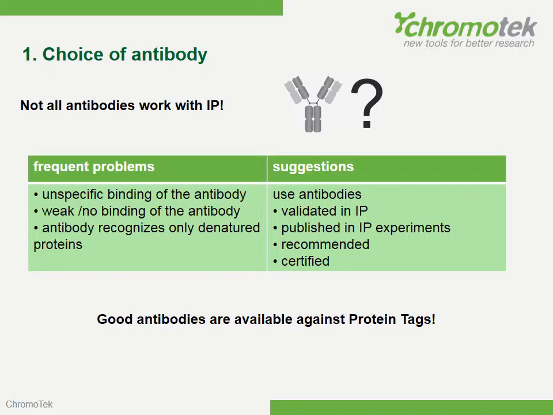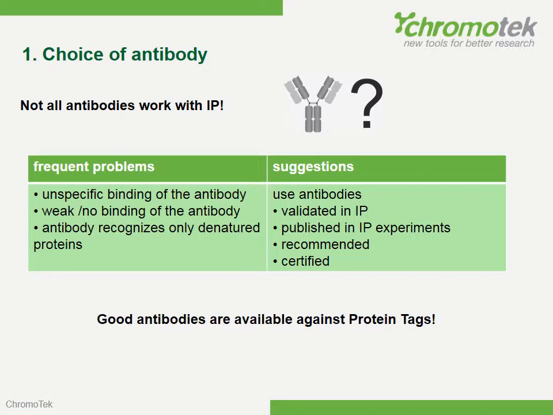As I already mentioned, the first and probably most important step is the choice of the antibody. And remember, not all antibodies are working with IP. Frequent problems that might occur are that your antibody binds unspecifically to many proteins. Unspecific binding will result in a high background in your IP.